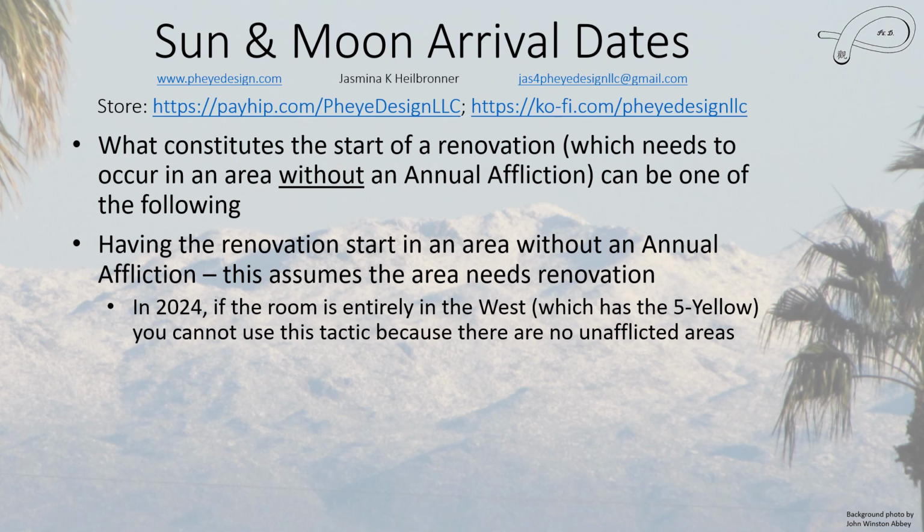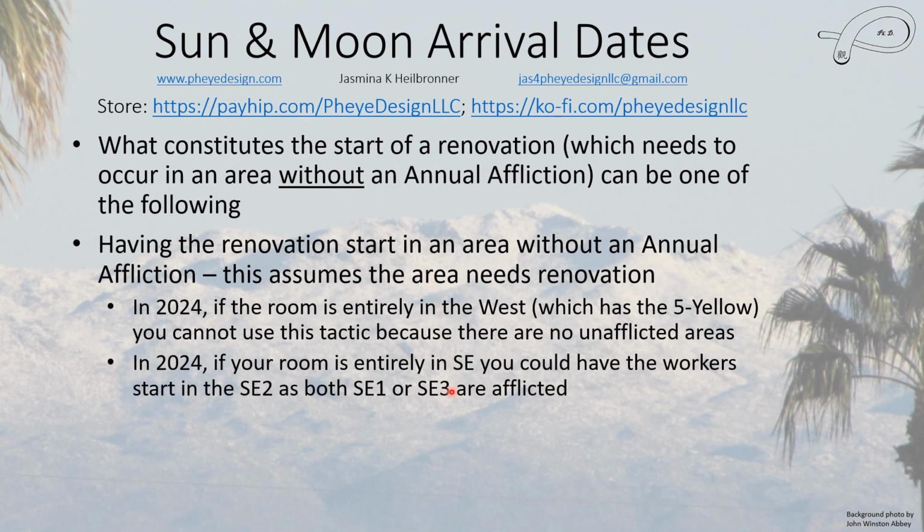So that could be the case. However, if your room is entirely in the southeast, you could have the workers start in Southeast 2 because that's clear of an annual affliction. Southeast 1 has the Grand Duke and Southeast 3 has one of the 3 killings, but Southeast 2 is clear, so at least it's possible.